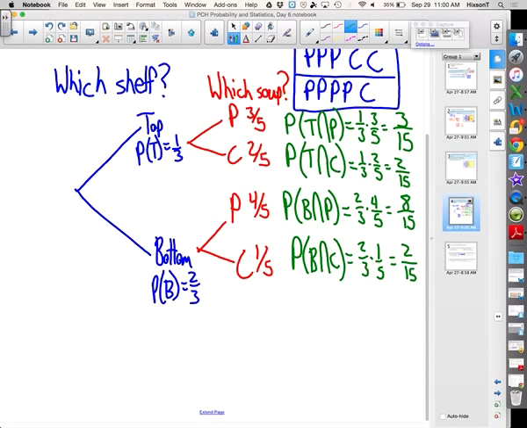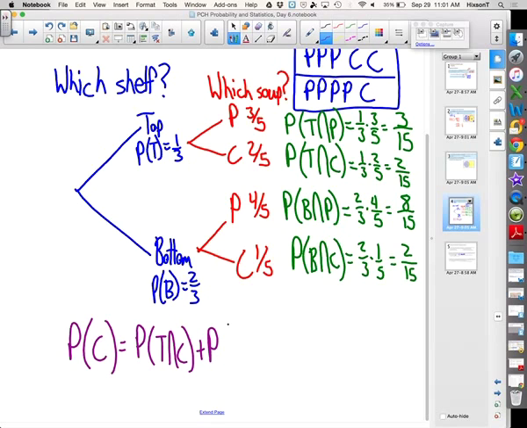So in order to calculate what's the probability that we get chicken, we need to consider the probability of going on the top shelf to get chicken and the probability of going from the bottom shelf to get chicken.